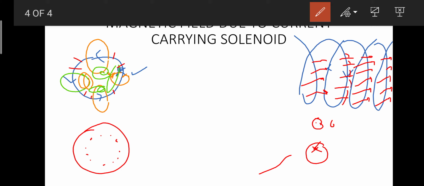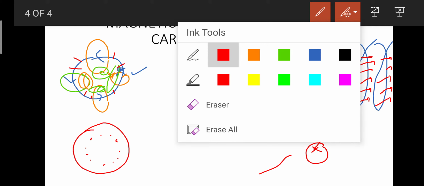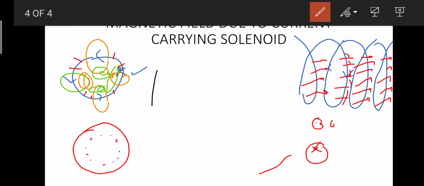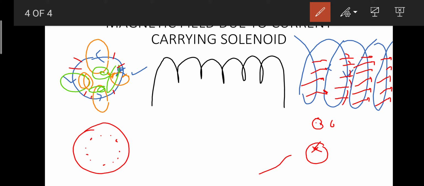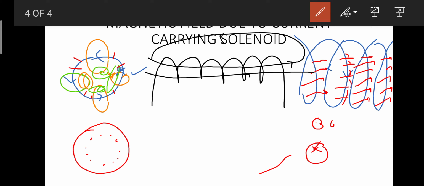And that's how we say that for any solenoid, the field lines are going to be straight inside the conductor, but they are going to be curved outside.